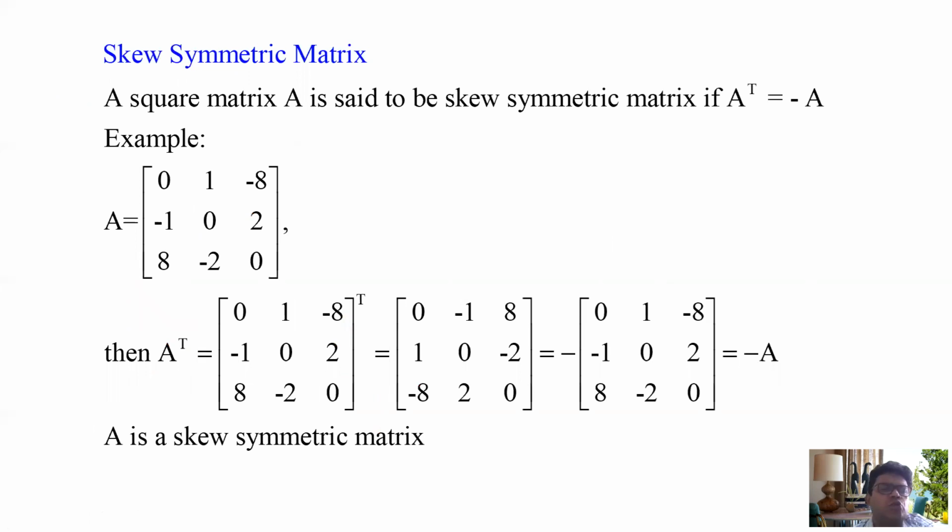Now for a skew symmetric matrix, an interesting point you can see: all diagonal elements must be 0.